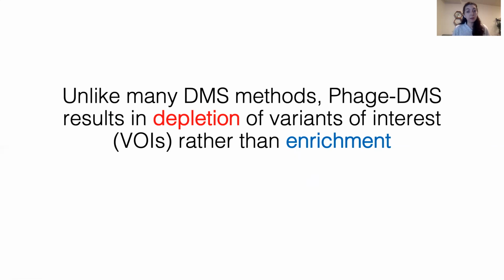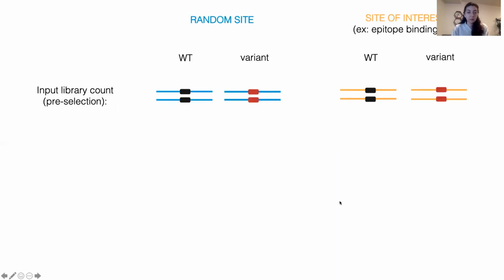I'm going to now walk you through a toy example just to describe how we analyze the data that comes out of our experiments and how that slightly differs from what other people do with deep mutational scanning experiments. We begin by sequencing the original input library in order to determine the starting frequencies of any peptides in that library.